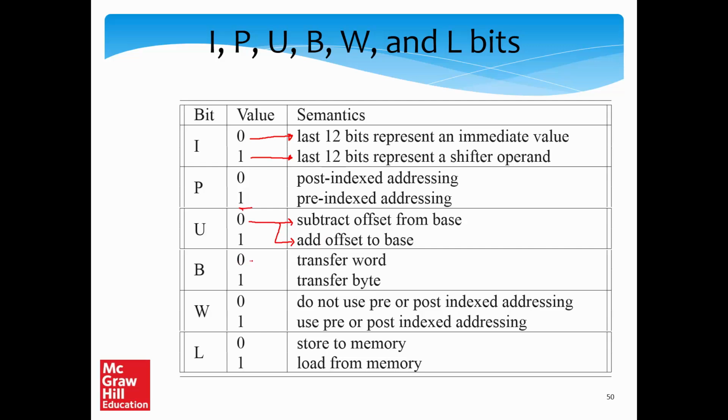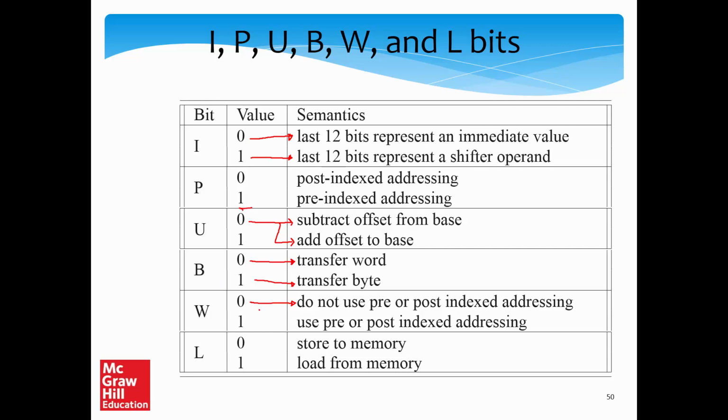If the B bit is 0, we transfer a memory word, which in this case is 4 bytes, or we transfer a single byte, which is 1 byte. Similarly, if the W bit is 0, it says that use regular addressing, don't use pre or post indexed addressing. So W can be thought of as the write back bit, where essentially the base register is changing.